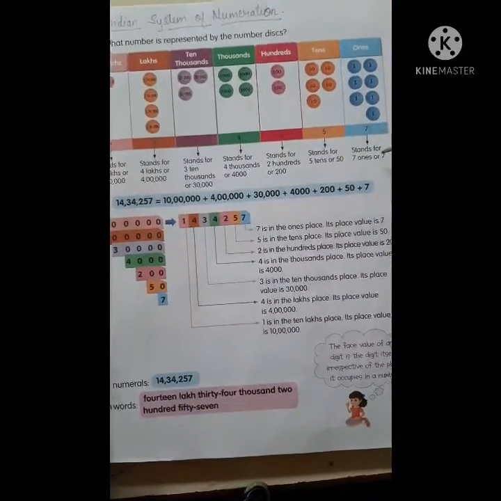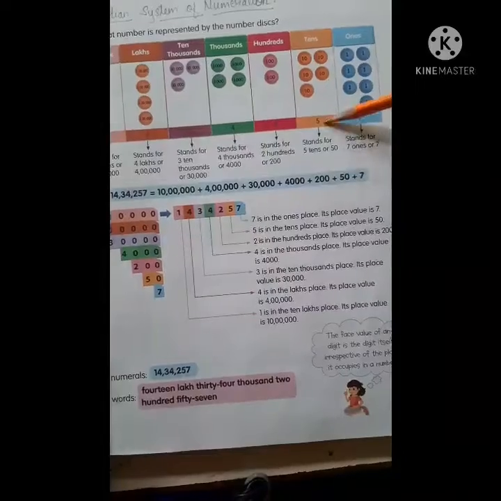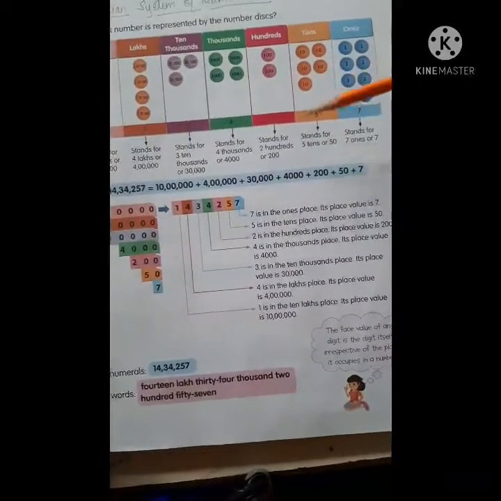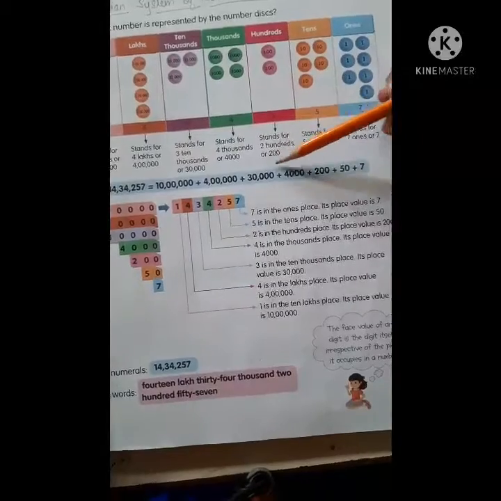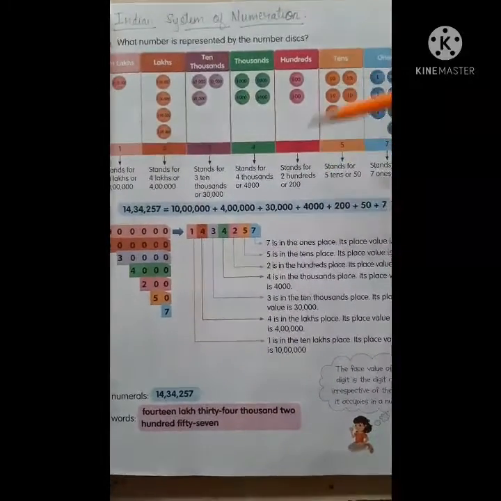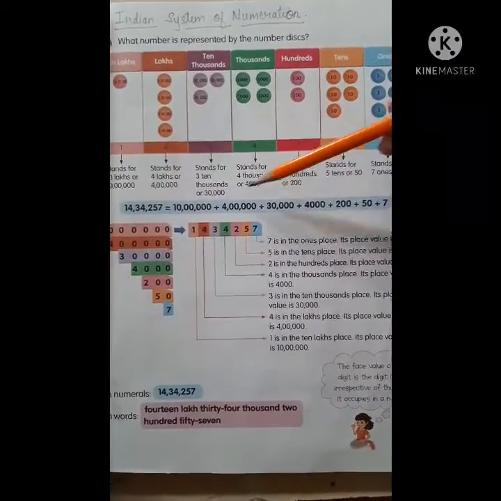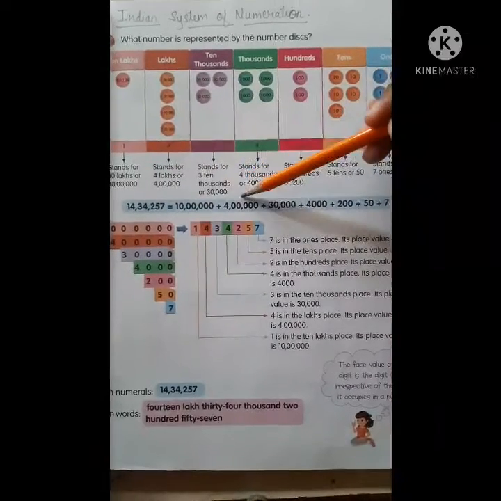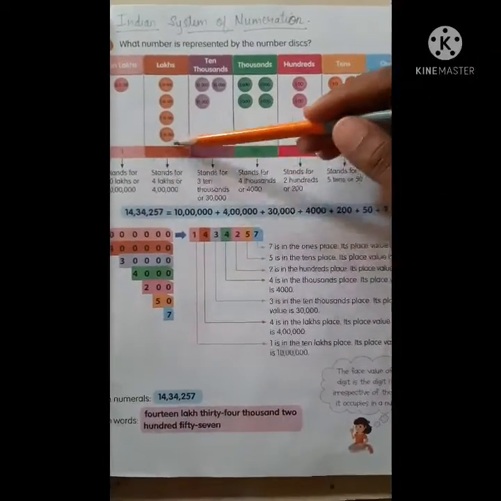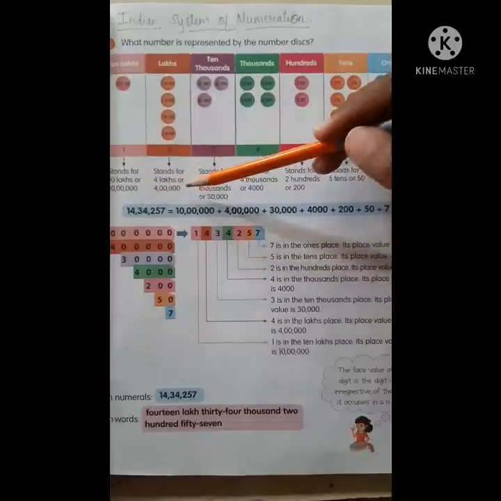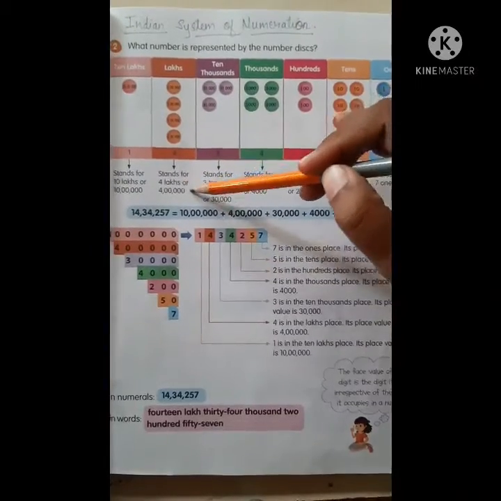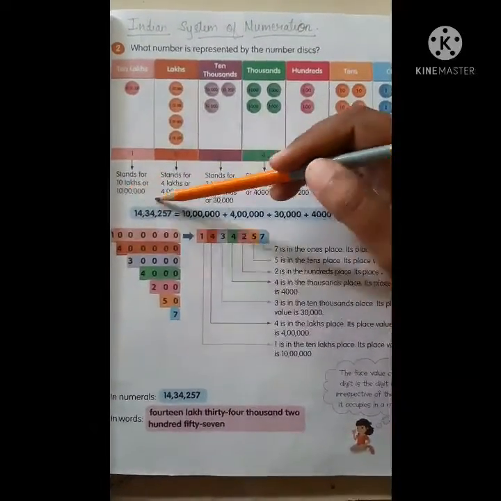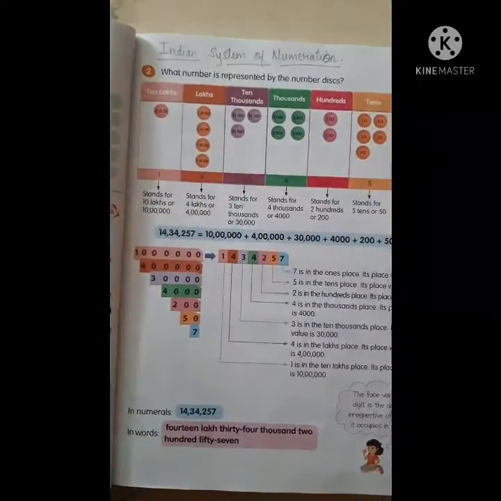Here 7 stands for ones, 5 stands for tens and we write it as 50. 2 stands for 100 and in number we write 200. 4 stands for 1000, so 4000. 3 stands for 10,000, so we write 30,000. 4 stands for 4 lakh, and 1 stands for 10 lakh.